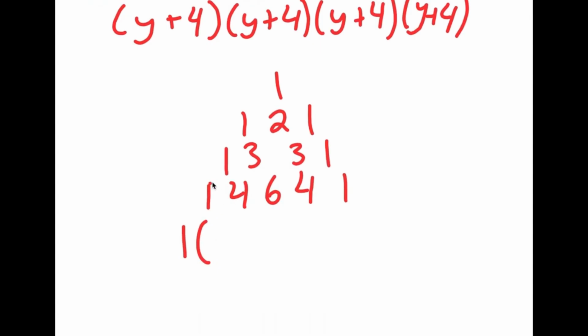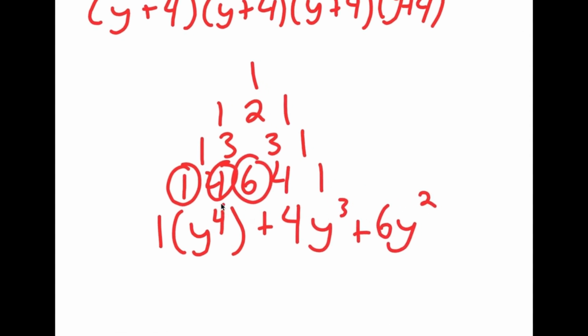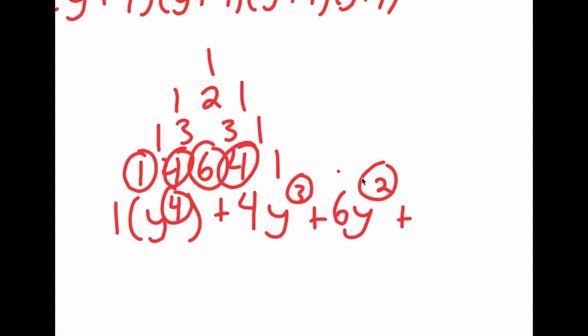Since our first number is 1, we get 1 times y^4, plus the next number is 4, so 4 times y^3, plus the next number is 6, 6 times y^2. Notice how our exponent is going down each time. Plus our next number is 4, so 4 times y, plus 1. Our last number is simply 1.